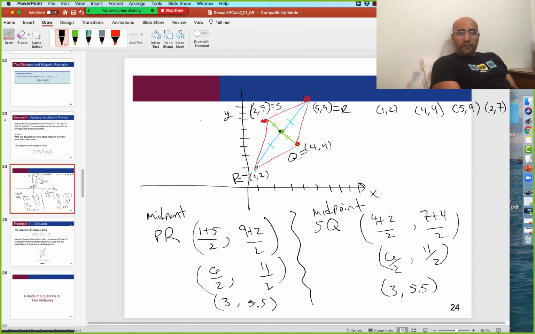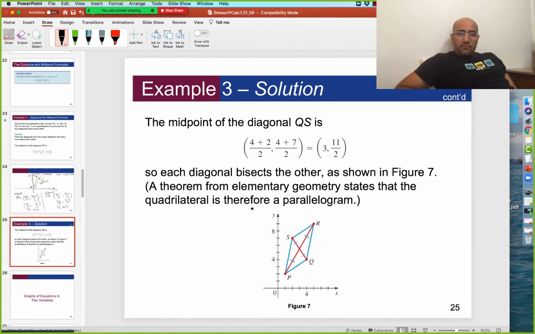So the midpoint formula tells us that it's the exact same point. Here's a nicer way of doing that. Each diagonal bisects the other.